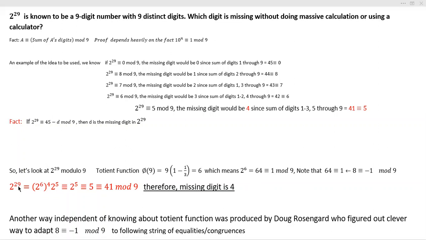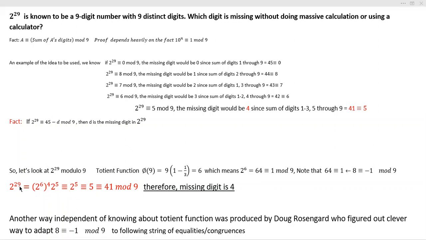Now, if you take a look right over here, just using the properties of exponents, you can rewrite 2 to the 29th in this fashion. But there sits 2 to the 6th, right? 2 to the 6th is 1, and you raise it to the 4th power, it's still 1. And so you see, that's what I mean by it's a congruence reduction tool, okay?